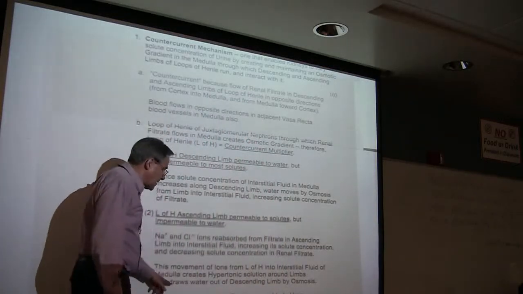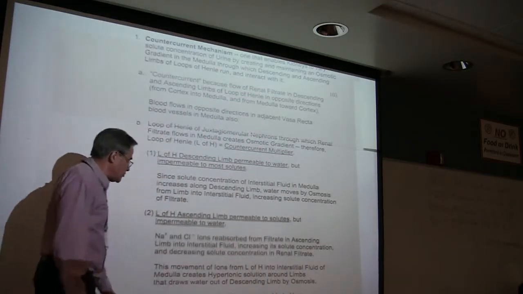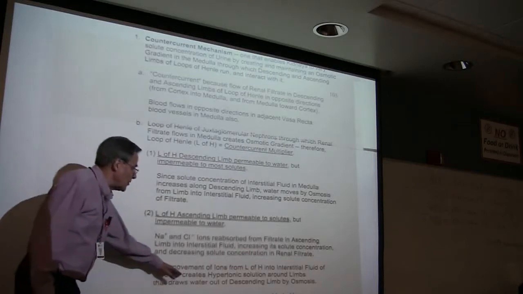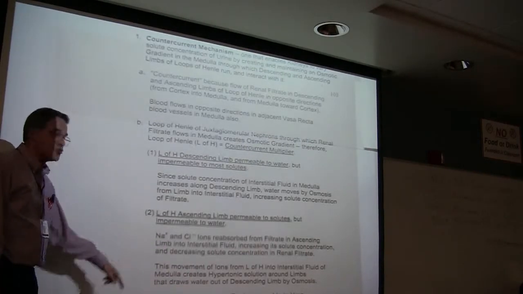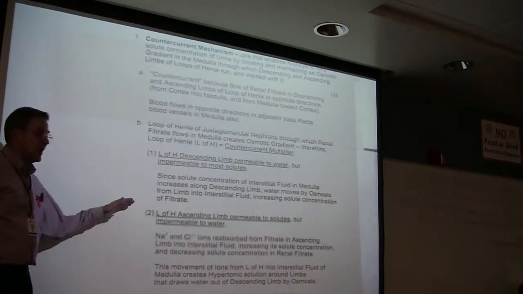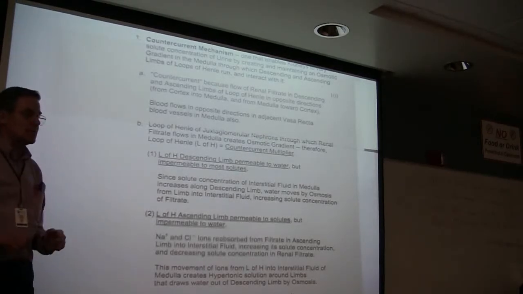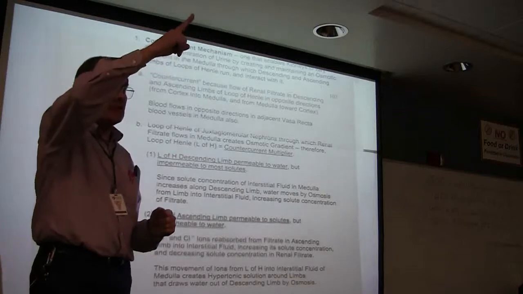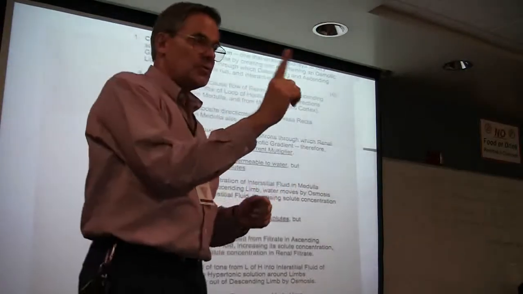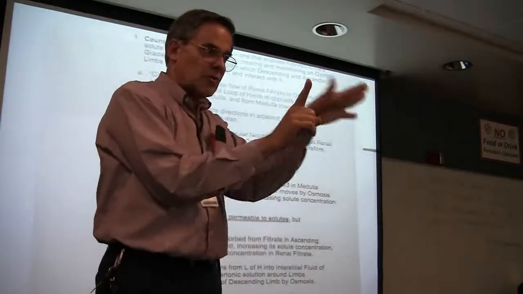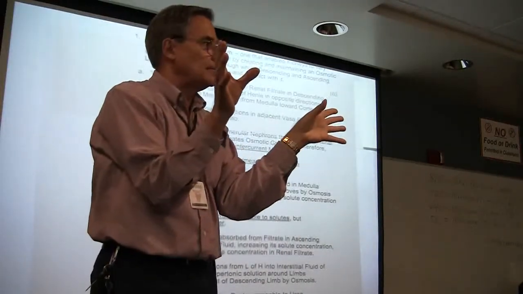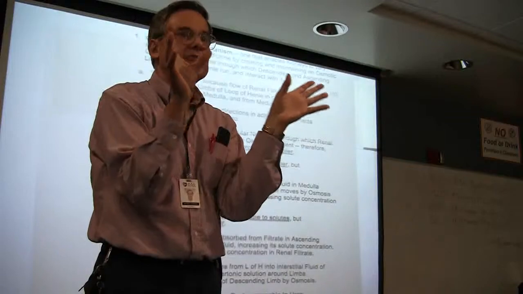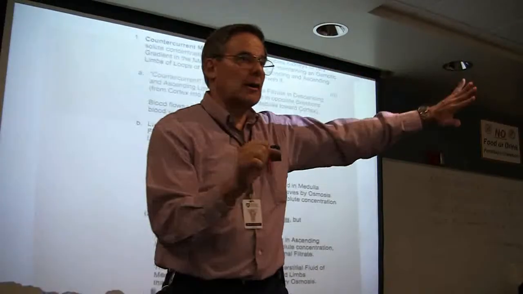So again, the movement of ions from the loop of Henle into the interstitial fluid of the medulla creates this hypertonic environment. And again, that's what draws the water out passively by osmosis. Remember, water is going to follow the solute. So water's coming down in the descending limb, which is permeable to water, but not the solutes. Water's pulled out because the interstitial fluid surrounding the tube is full of solutes. It's a hypertonic environment that pulls the water out.